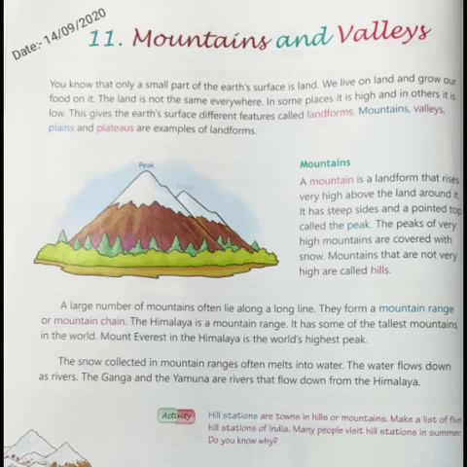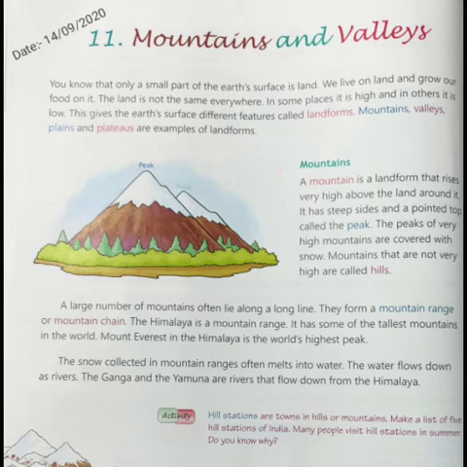First is mountains. A mountain is a landform that rises very high above the land around it. It has steep sides. Steep means slanting. It has a pointed top called the peak. The peaks of very high mountains are covered with snow. Mountains that are not very high are called hills.